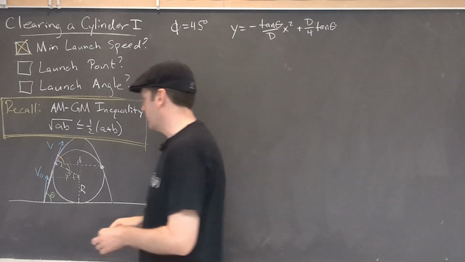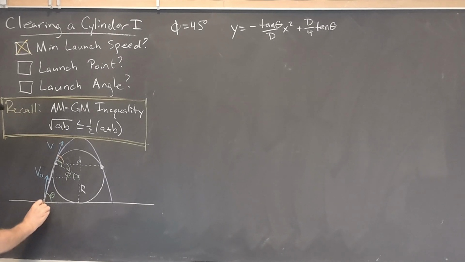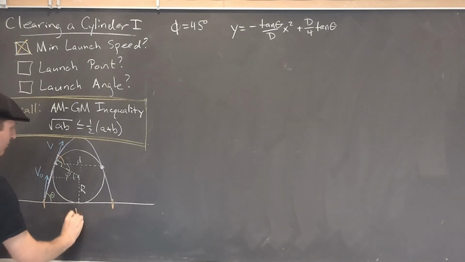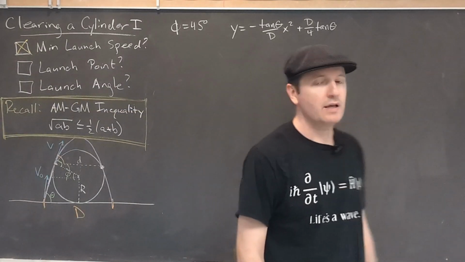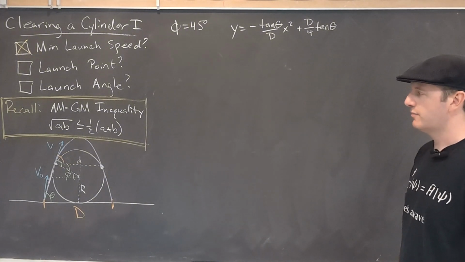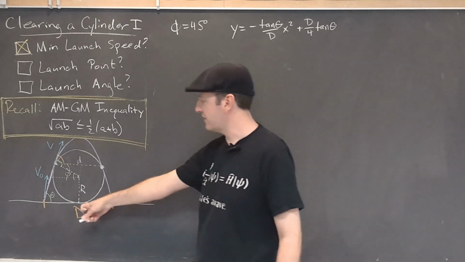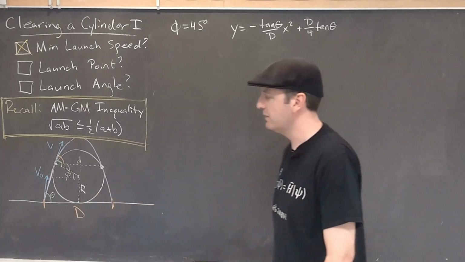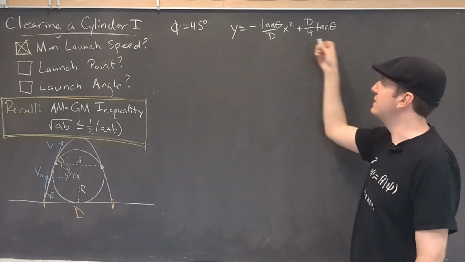And let's note that this distance from here to here, which I probably would have called the range in a previous problem, I'll call it capital D in this case, can show up in the equation for our projectile pretty straightforwardly. I'm going to choose a coordinate system that's centered at this point of contact with the table, and in that case, the projectile trajectory has this form.